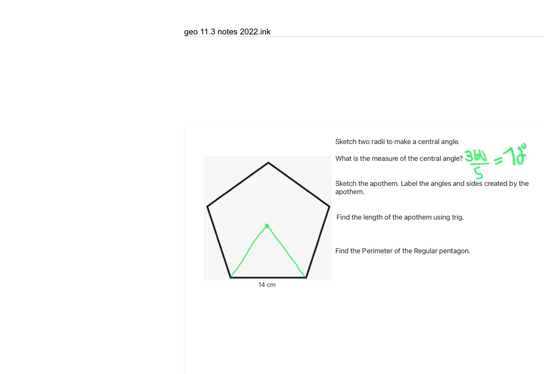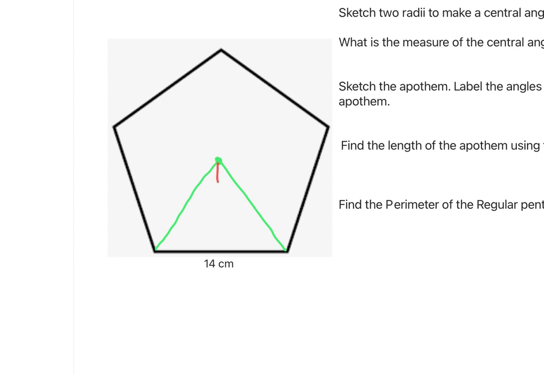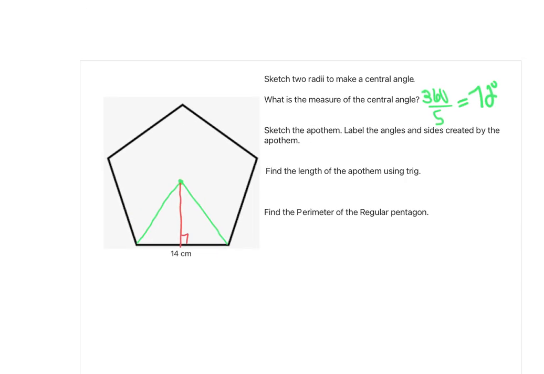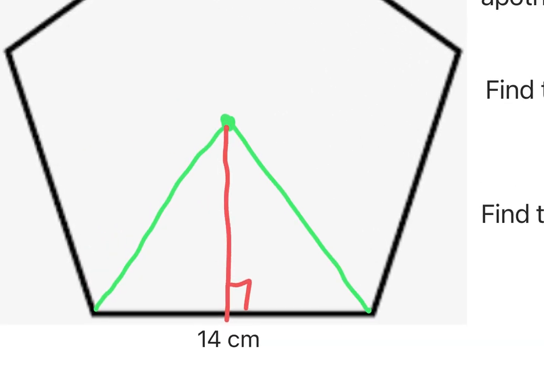Then I'm going to drop the apothem in here so that it is perpendicular. Now, since the entire central angle we set up here was 72 degrees, 72 divided by 2 is going to be 36 degrees. So each of these angles in here is going to be 36 and 36.